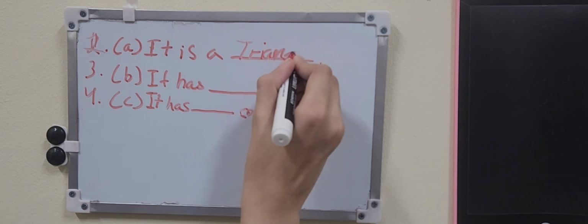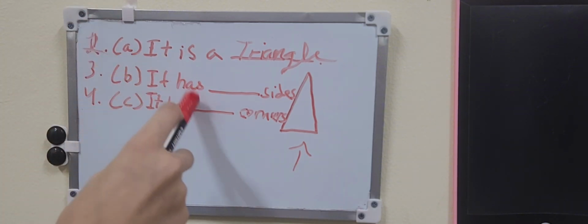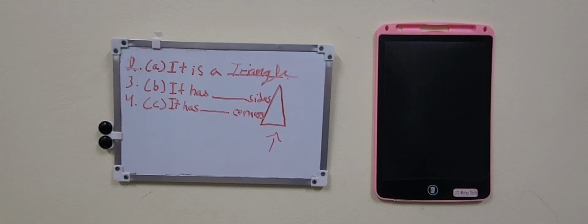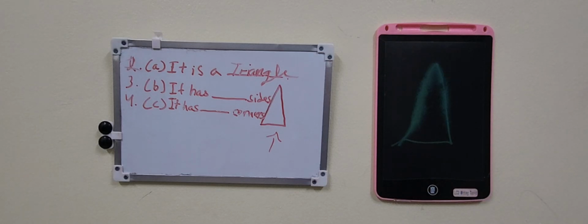So our answer here will be triangle. Then we have number 2, which is B. It has dash sides. So now we're going to go ahead here and count the sides. If I move to my other blackboard, my marker is not really working right now, so I'm just going to show you over here.